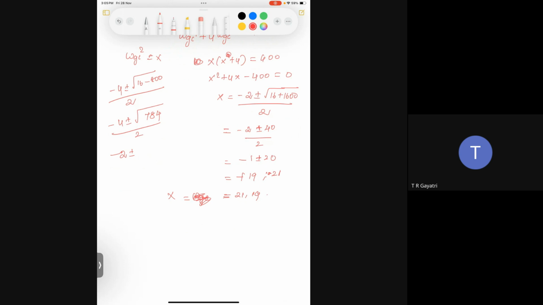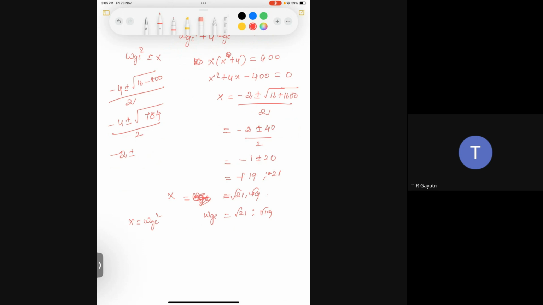So it's the square root of this for omega gc, because x is equal to omega gc square.